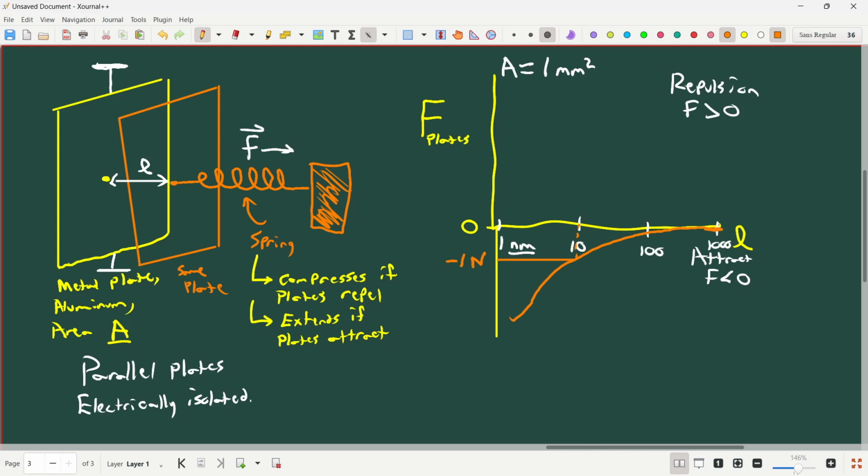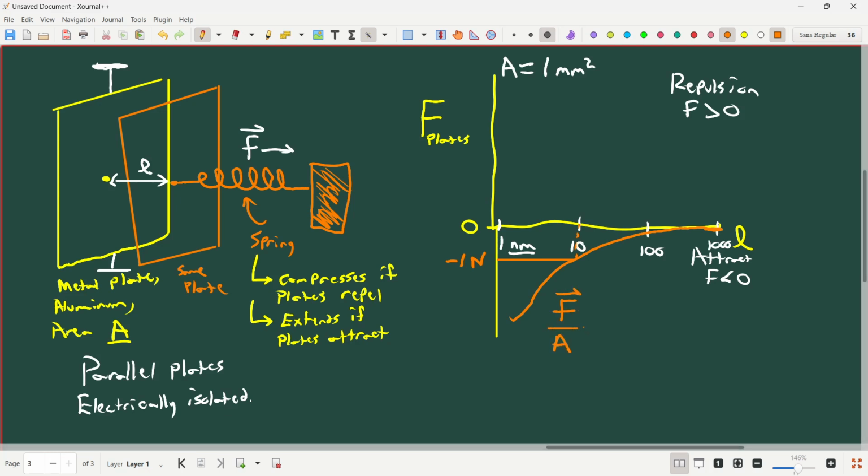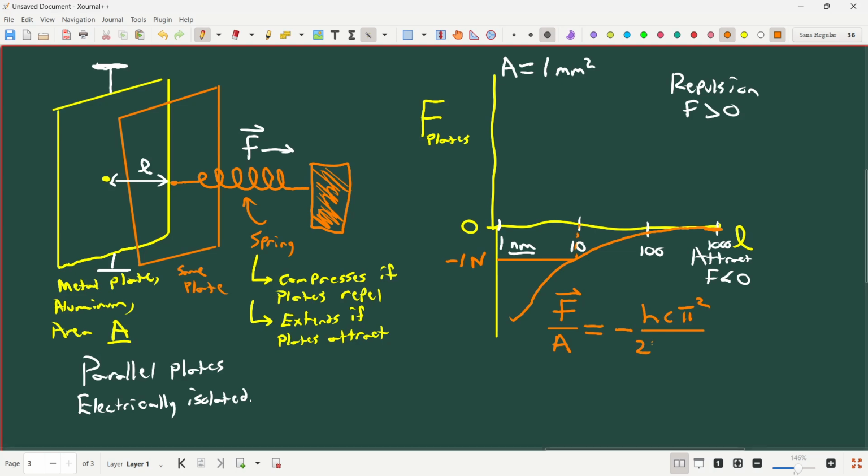And in fact, they come together exactly with the formula that was predicted 40 years ago: the force acting on the system, on the spring, divided by the area, is equal to minus Planck's constant times the speed of light times pi squared, divided by 240 times the length to the 4th power.